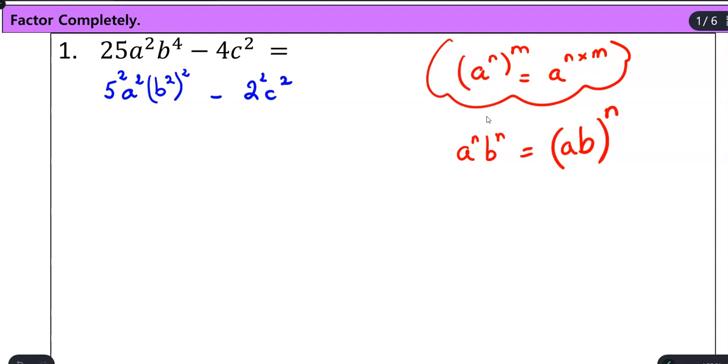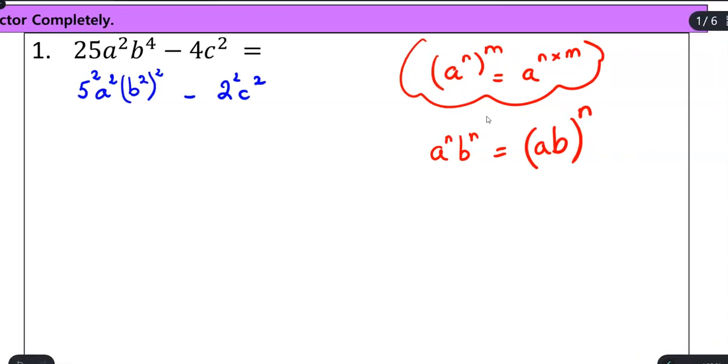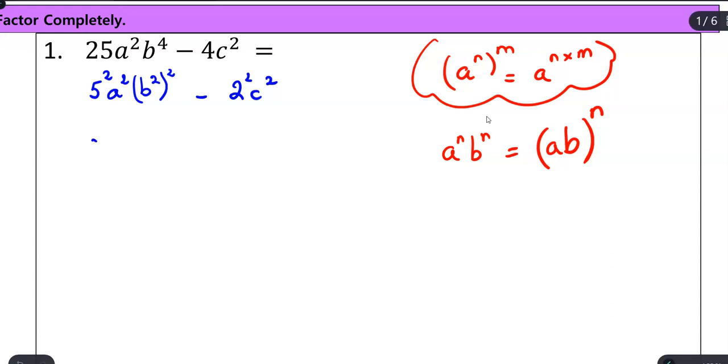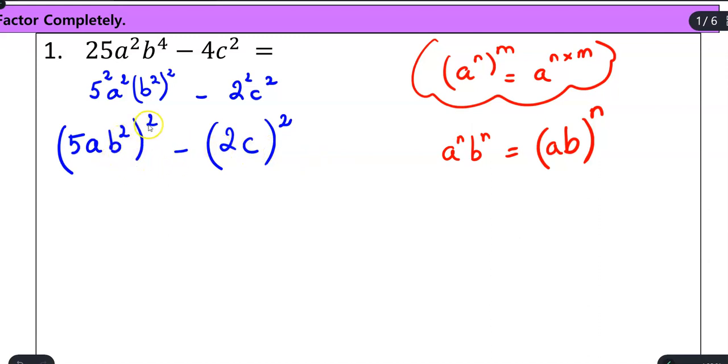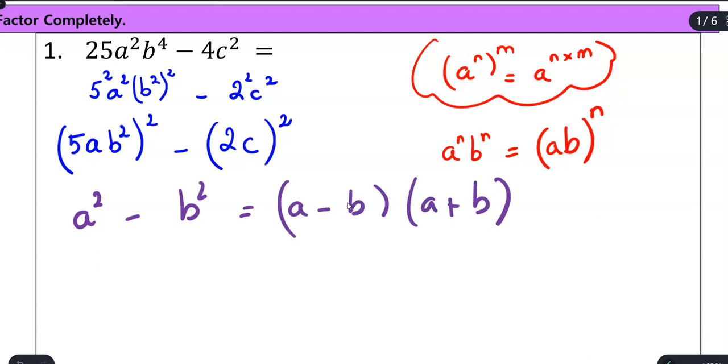So I can write 5a squared b squared, all of it to the exponent 2, as 5 times a times b squared, all of it to the exponent 2, subtract 2c, all of it to the exponent 2. I need to have all of these with the exponent 2 before I can apply the difference of squares formula: a squared minus b squared is a minus b times a plus b.